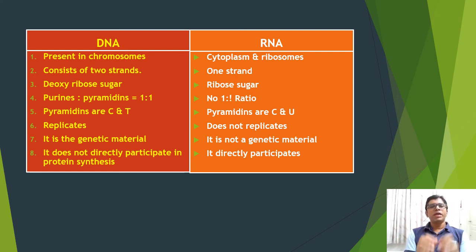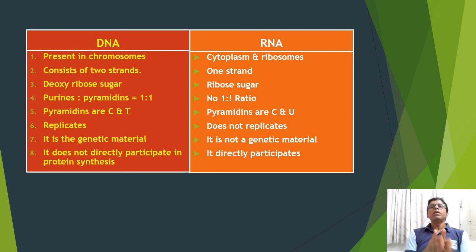Okay. In DNA, deoxyribose sugar is present, whereas in RNA, ribose sugar is present. In DNA, the ratio between purines and pyrimidines is 1:1. There is no 1:1 ratio of purines and pyrimidines in case of RNA. In DNA, pyrimidines are cytosine and thymine, whereas in RNA, the pyrimidines are cytosine and uracil.